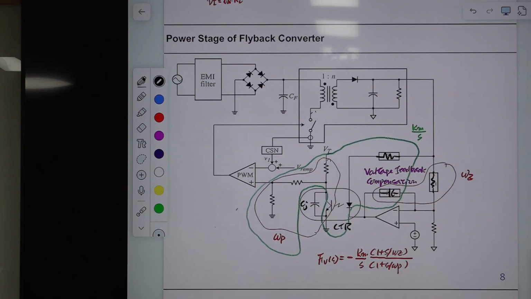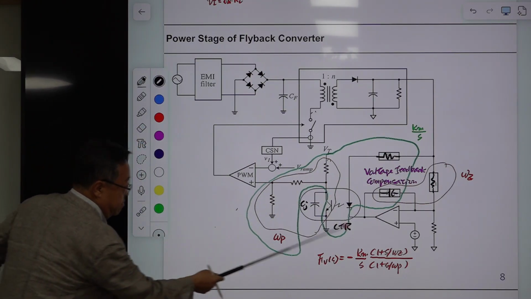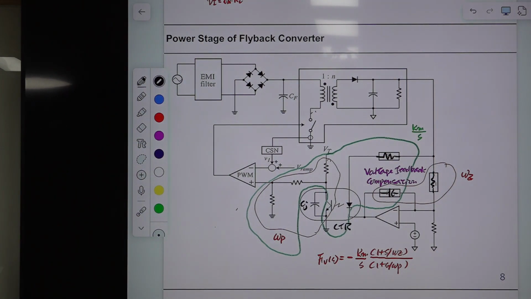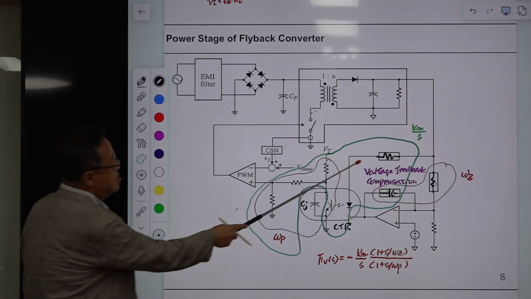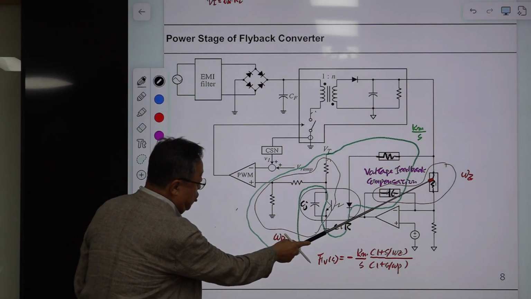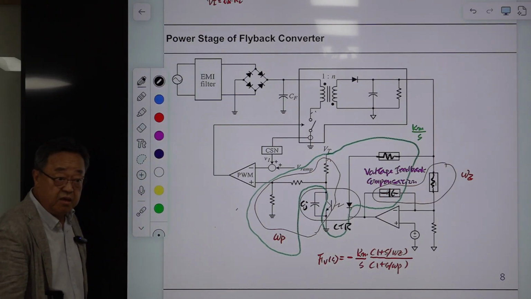This part is involved with voltage feedback compensation. Actually, for this case, this is one simple resistor, and this is the capacitor.